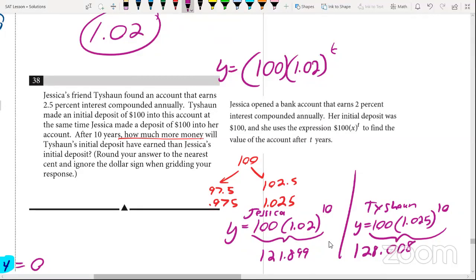So we subtract the bigger number minus the smaller: 128 minus 121.9 basically, and you get 6.1090. On my calculator, I didn't ever round; I took the exact number and used the memory of the calculator. Here we're rounding to the nearest cent. If you think of these as dollars and cents, then we need two decimals. So this is 6.11, and 6.11 is the correct answer to number 38.